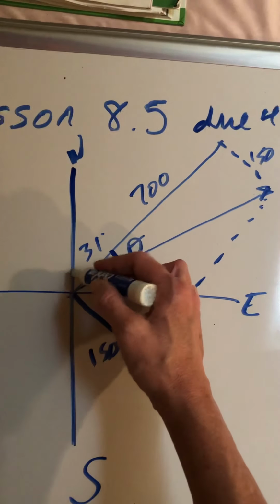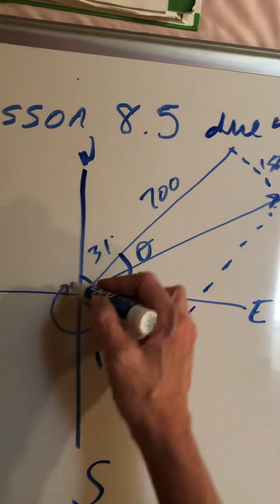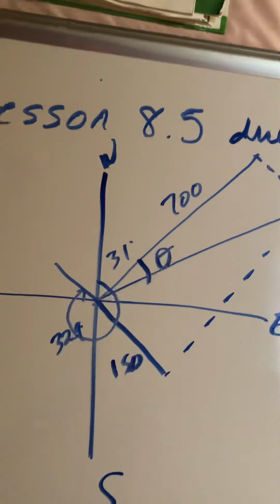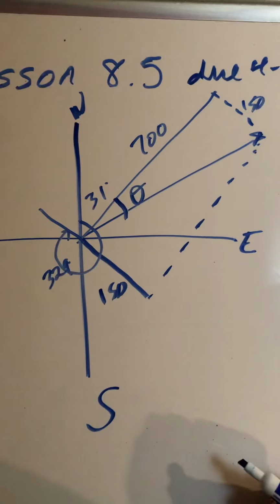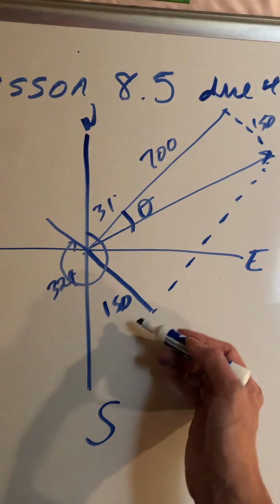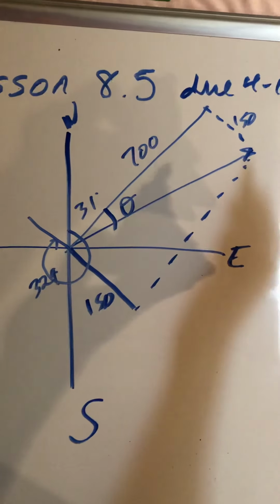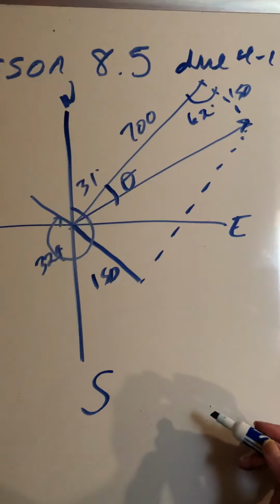This reflex angle, which we actually don't have to use, is 329. Comes this way. Let me make sure I've got everything drawn on here. 150. I've got the missing angle. I've got the 31 degrees. That's 700. That's 150. Oh, and this is 62 degrees. Need that one.